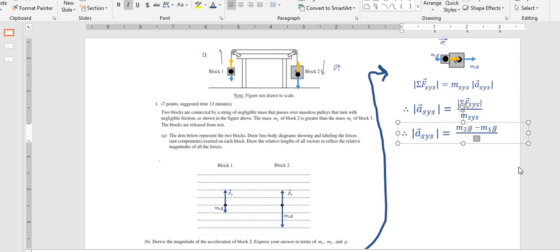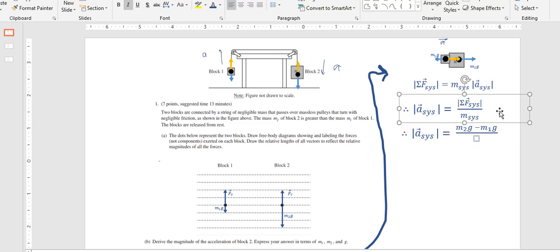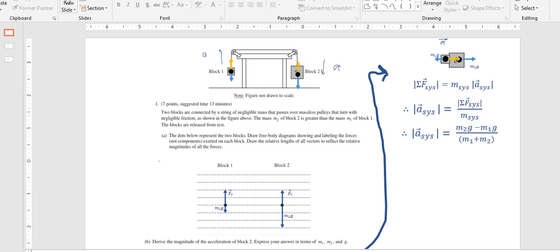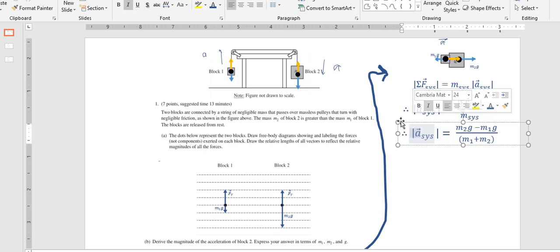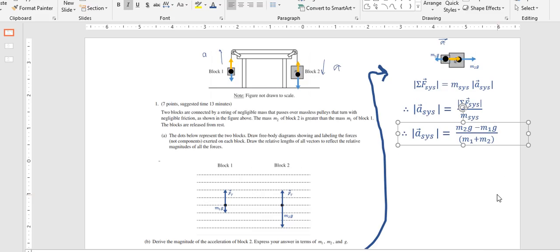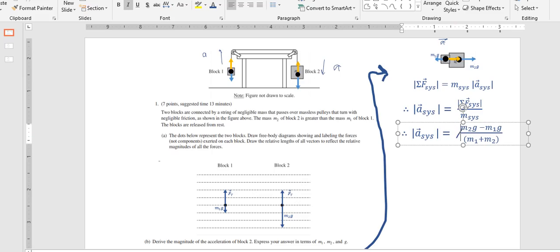Then you're going to want to do the mass of the system, which would be mass 1 plus mass 2. Since it's just the masses, I personally like to put it in parentheses, but that is your choice. And this is your answer. You're going to probably want to box this in, but it's up to you. That's your answer. You don't have to factor out the g here. You can just leave it. In physics, it can be messy. Oh, the only other thing I would add to this is, whoops.